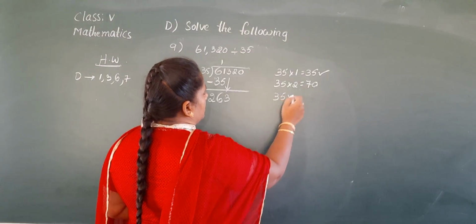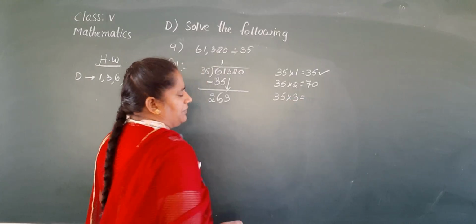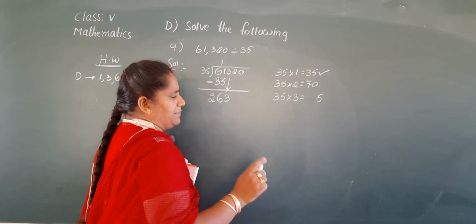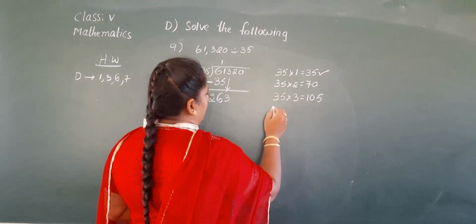Continue the table. 35 3s: 3 5s are 15, 1 in hand, 5 is down, 3 3s are 9 plus 1 is 10, 105.